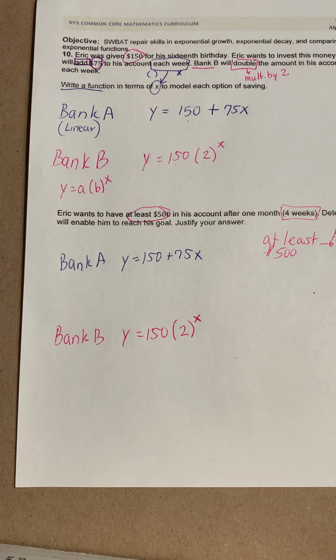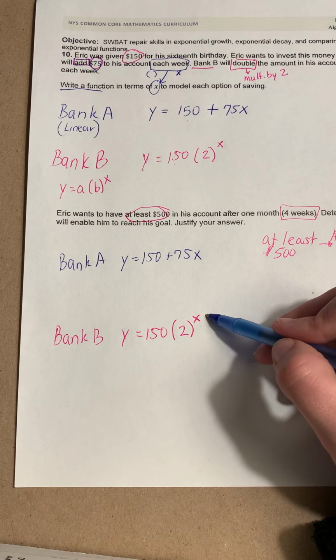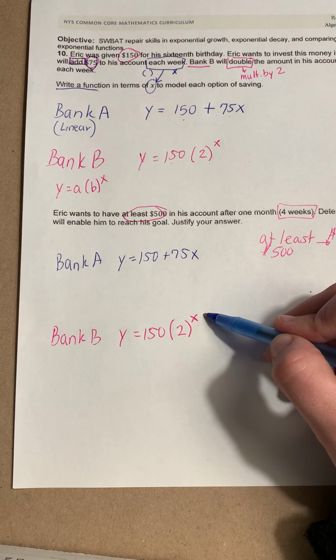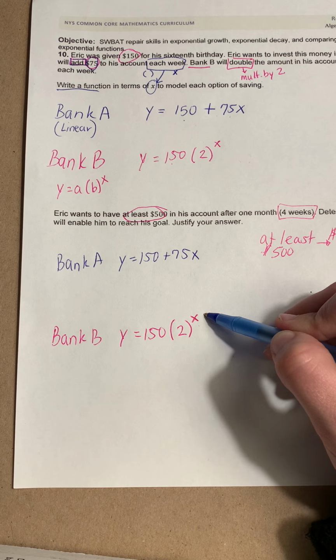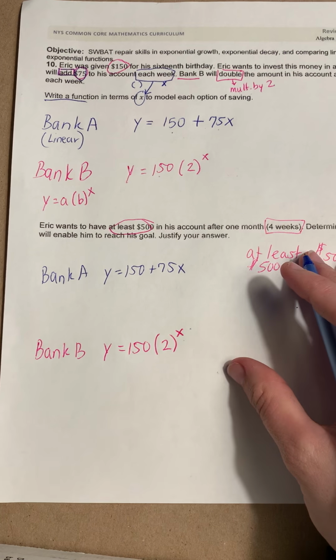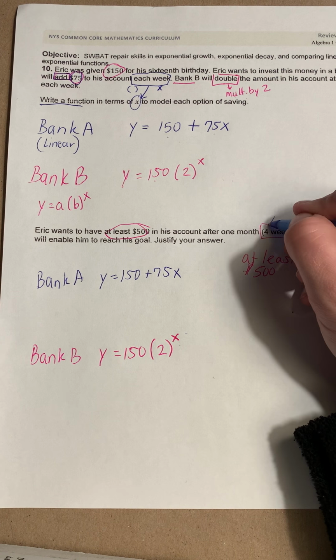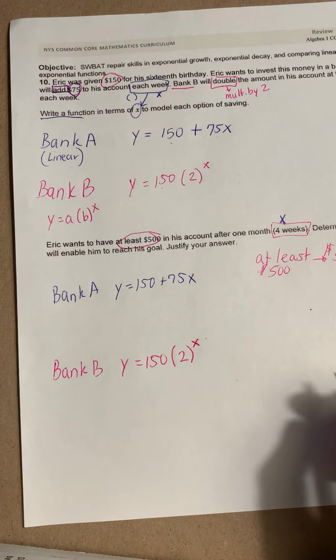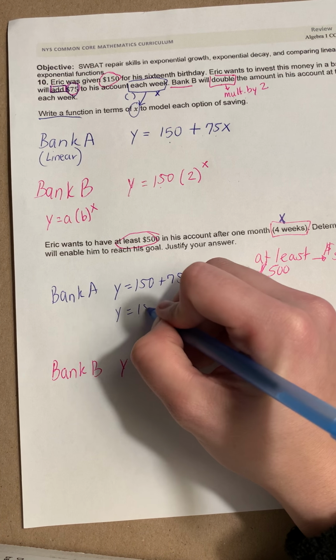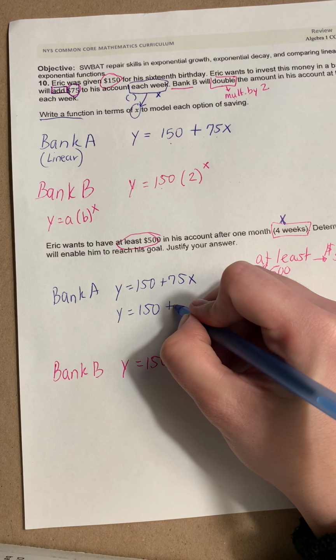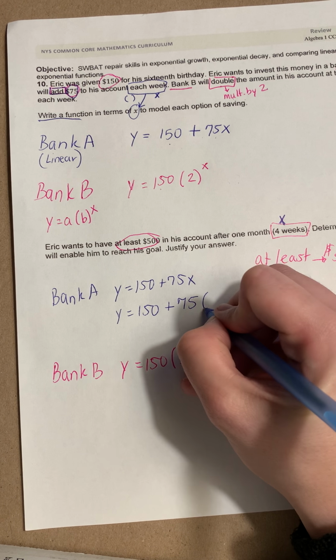Now the only thing I really can plug in for both of these is an x. If I look back at my problem, x was the number of weeks. In this part of the question, they do tell me 4 weeks, so that is my x value. So I'm going to rewrite this equation, but instead of x, I'm going to put 4.